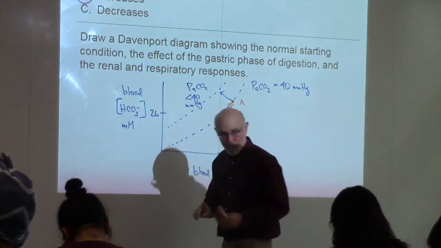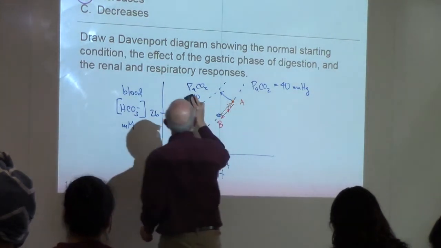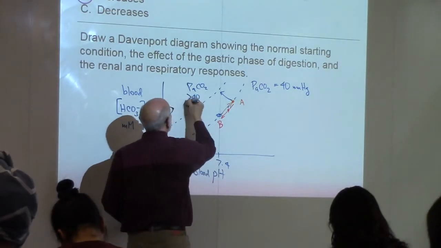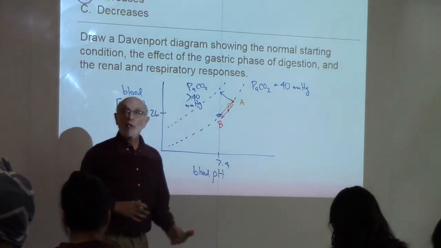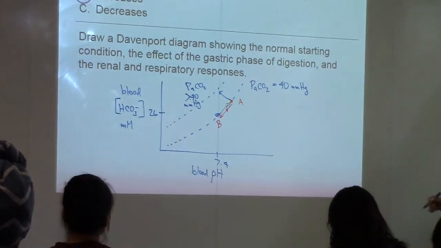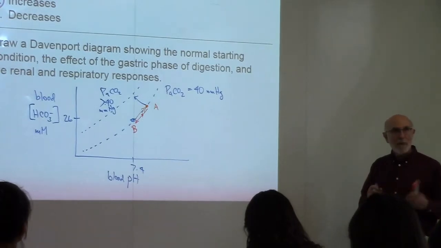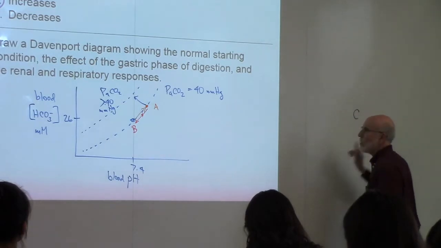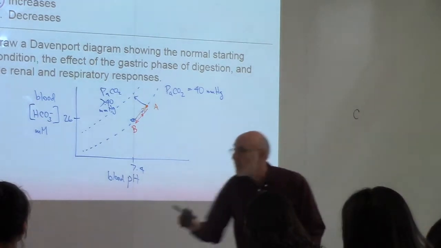We are hypoventilating. We are increasing the carbon dioxide in order to rebalance the pH. Remember, the pH is a function, a complicated function, of the ratio of bicarbonate and CO2.